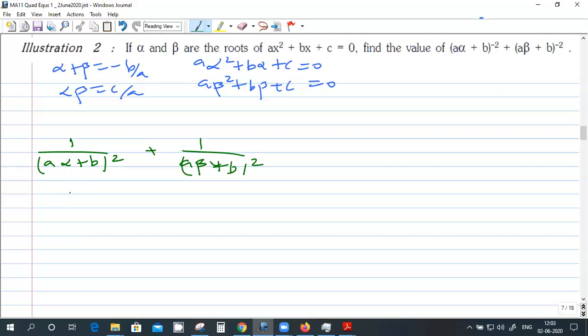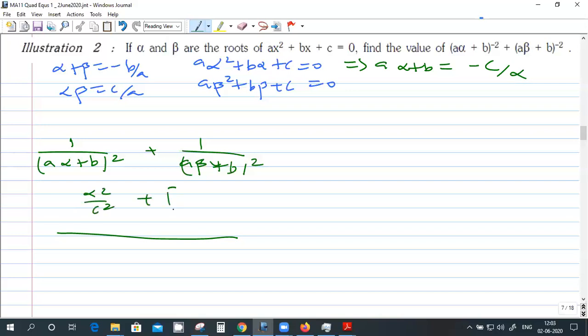Okay, find the value of that thing, right? So we take the LCM. And then, A alpha plus B, we don't need to calculate. From this, you get A alpha plus B as minus C divided by alpha. That's the way to do it. So reciprocal, square it, you get alpha square by C square, and this thing will become beta square by C square.